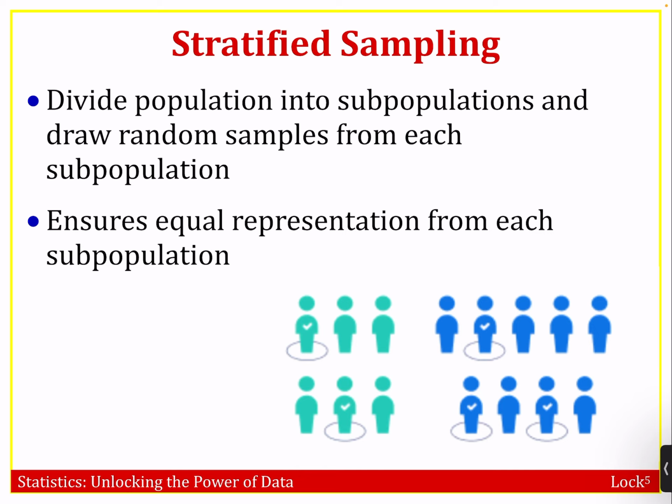So an example here would be if we were carrying out maybe a clinical trial, we would pick a certain number of men and the same number of women if we wanted to make sure we had equal numbers of men and women in our study. But our selections from each of our subgroups are random.